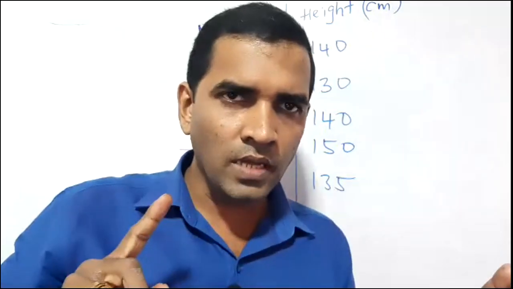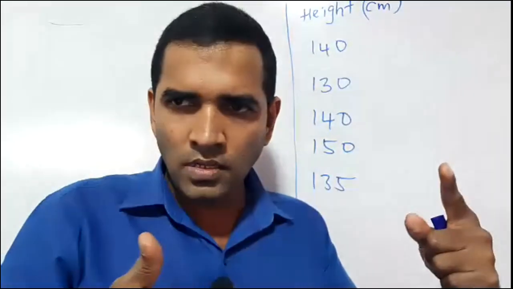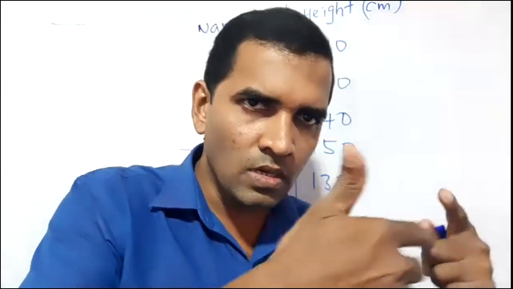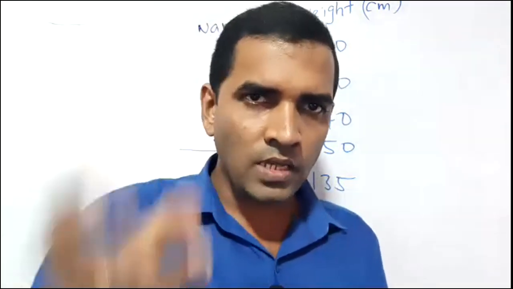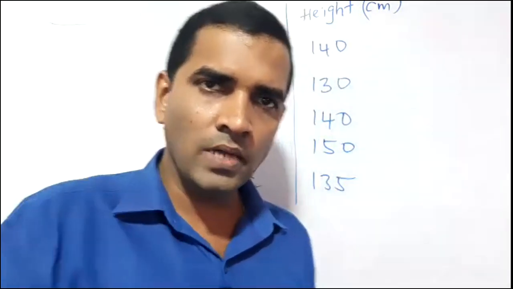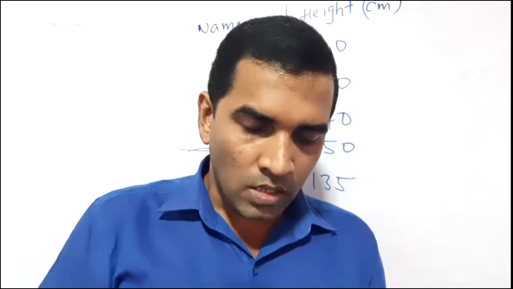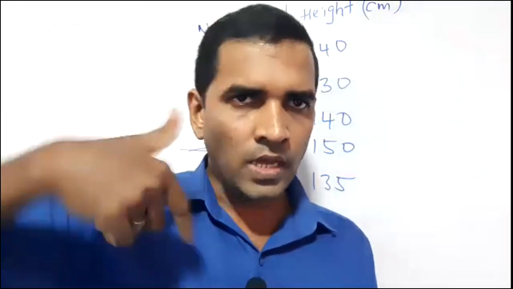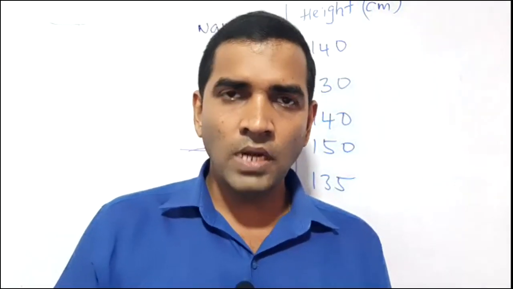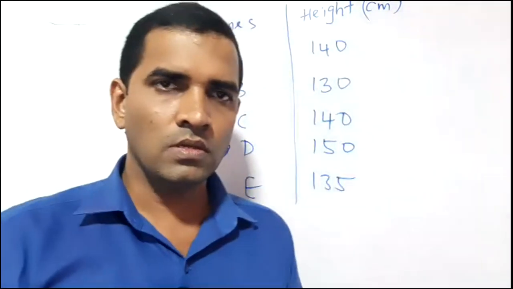You may not have realized it, but you arranged all the heights in your mind, in descending or ascending order. After that arrangement or comparison, you just mention that D is the tallest. So even in this case, you did some sort of arrangement in your mind, but it was done very quickly because you have only 5 students.